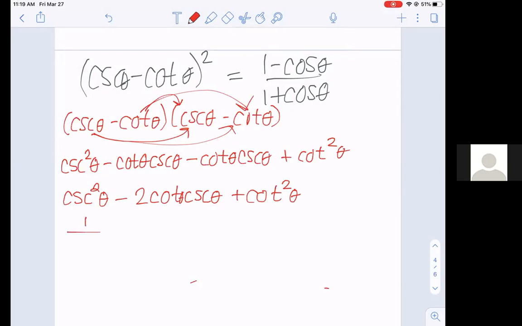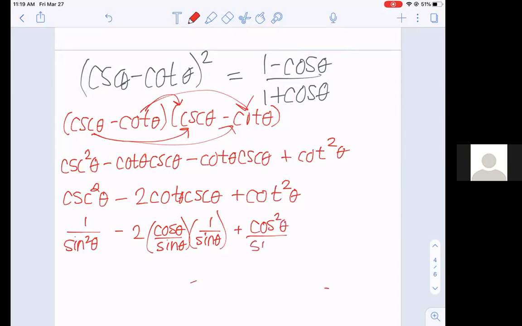So this is 1 over sine squared minus 2 times cosine over sine times 1 over sine. Okay, plus cosine squared theta over sine squared theta.